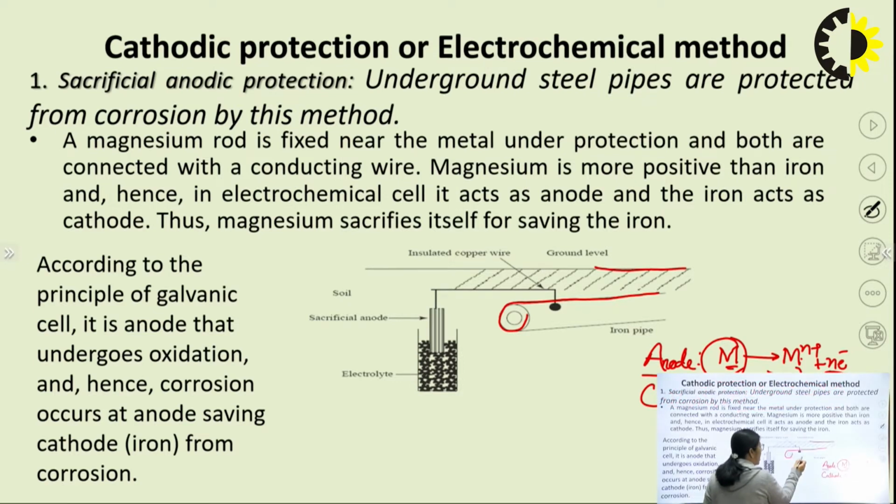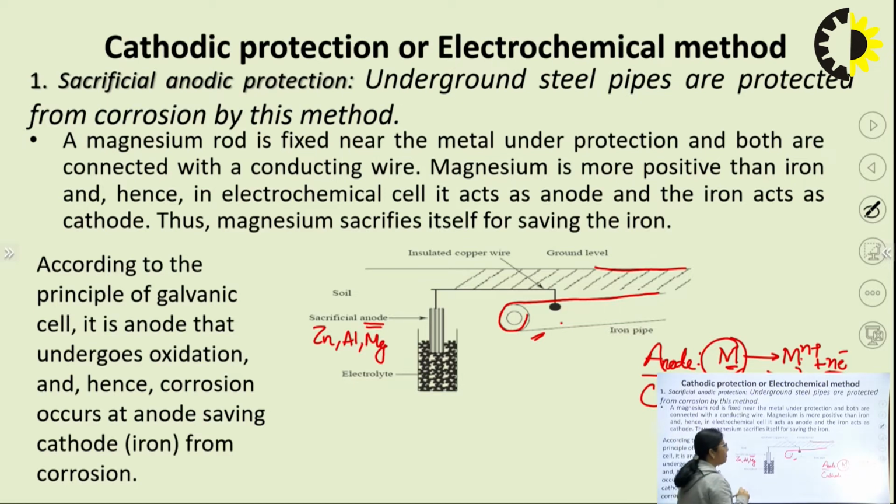We connect our metallic pipeline through an insulated copper wire to another anodic material, and this material is more anodic than our metal. For example, zinc, aluminium or magnesium, they are more anodic than iron.